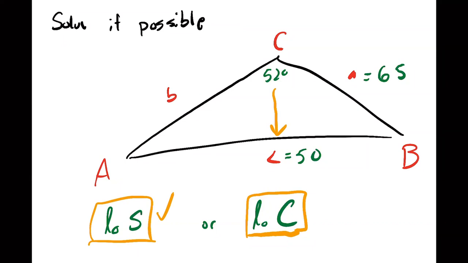And let's see, can we apply law of cosine? So we have a side and an angle. Yeah, so we can also apply law of cosine here. But I think it would be easier to apply law of sine.